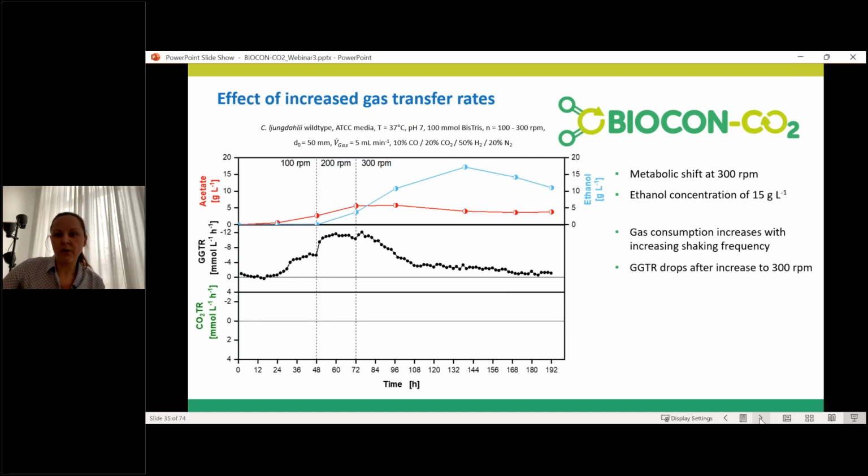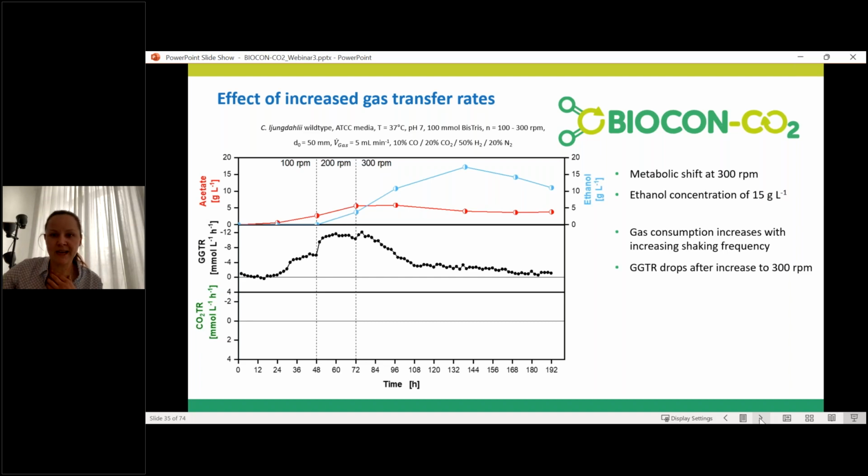This shows the overall gas consumption in the system. Just as a reminder, negative values mean gas consumption. As we expected, with the 100 RPM, we see that the organism starts to consume gas until it reaches a plateau, like the plateau between 36 and 48 hours. This indicates that we do run into a gas transfer limitation, since with the 100 RPM there's not enough gas put into the shake flask.